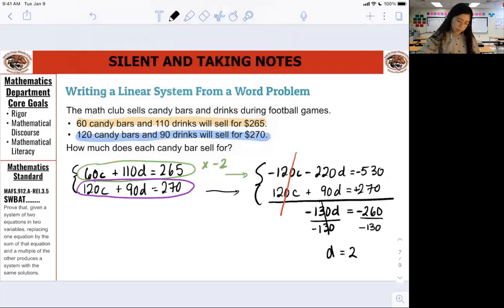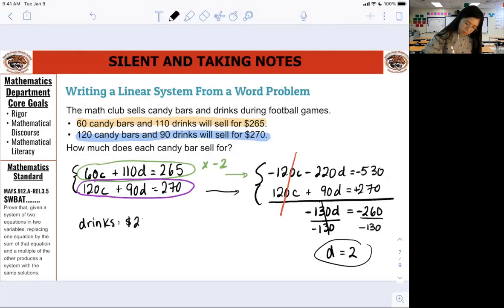So what does that tell me? That's how much each drink costs. Good. So drinks are $2. I've got to plug that number back into one of my originals.